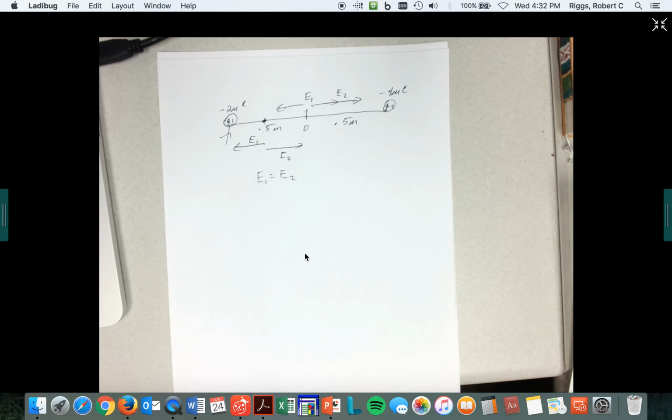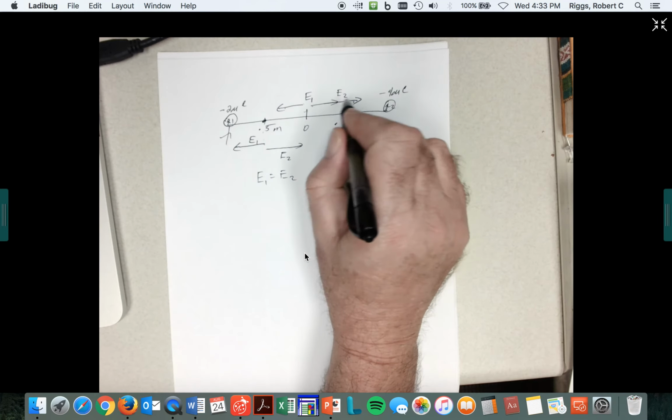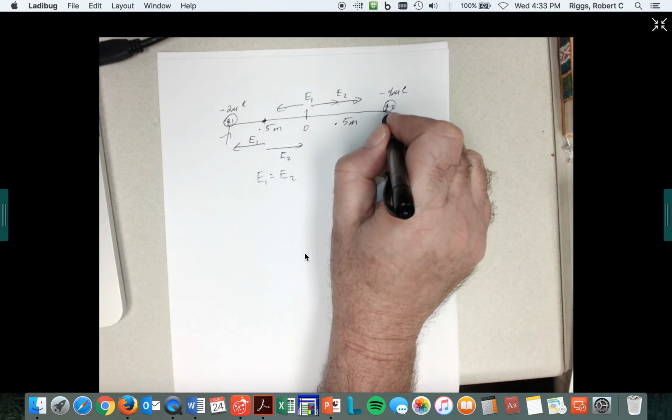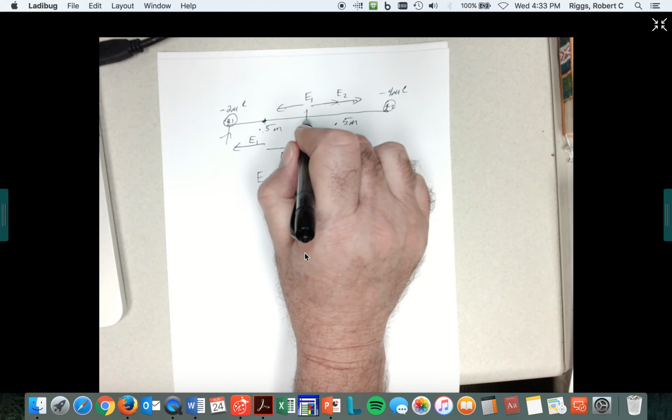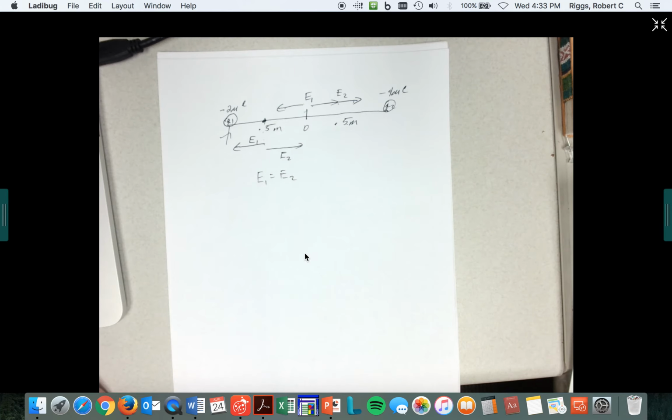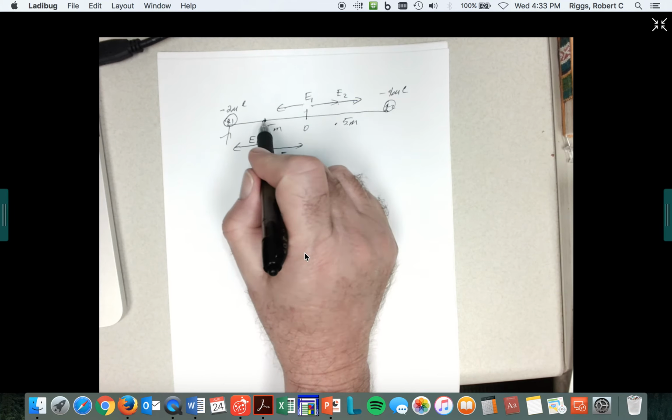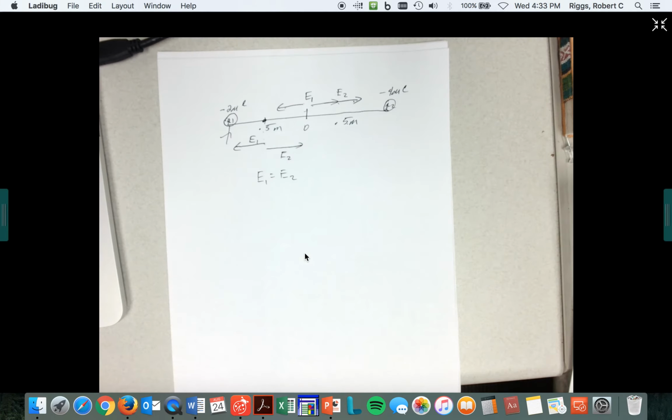I totally screwed that up when I was first explaining it to you. You've got to remember, E fields are vectors. And because this charge is bigger, and the distances are the same at the origin, that's why the 0 point is going to be over here.